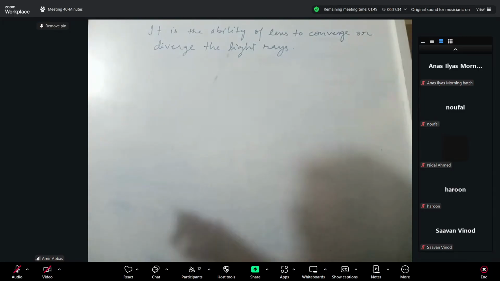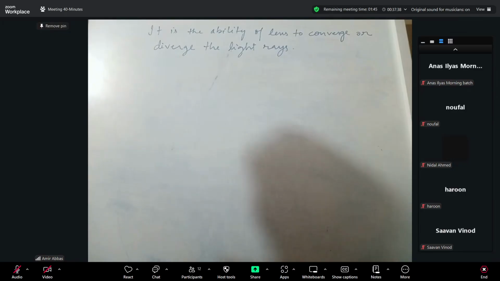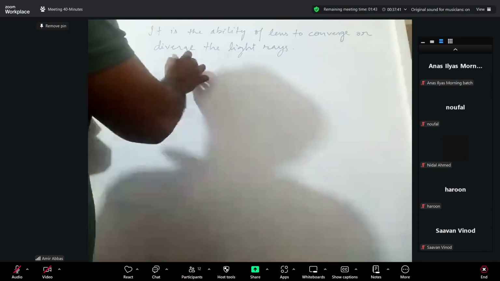Depending on its sign, positive or negative, you can find how much the power is.